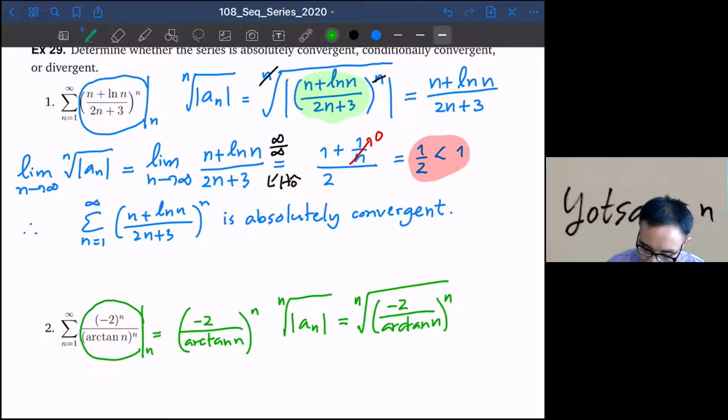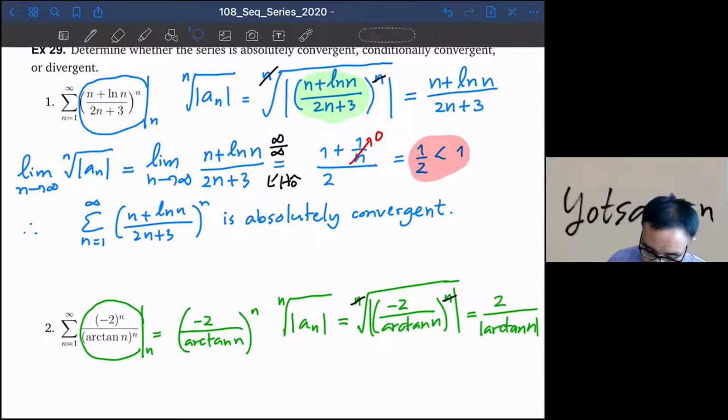So you take the absolute value of a_n and you take the n-th root. So you get the n-th root of the absolute value of (-2 over arctan n) to the n. So you see that n and n cancel each other, and you would have the absolute value of 2. So it's going to be 2 over the absolute value of arctan n. So it's going to be like this, and this will be this term.